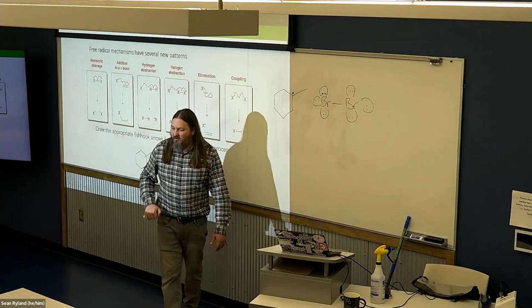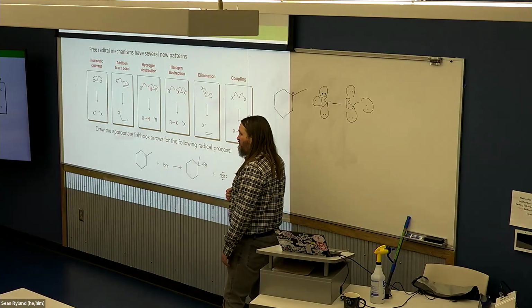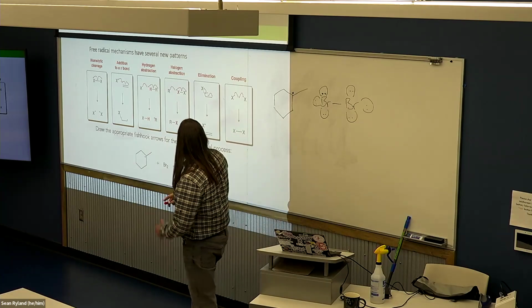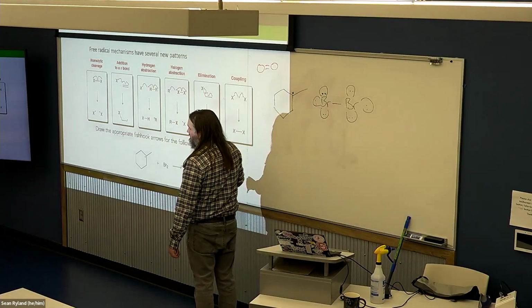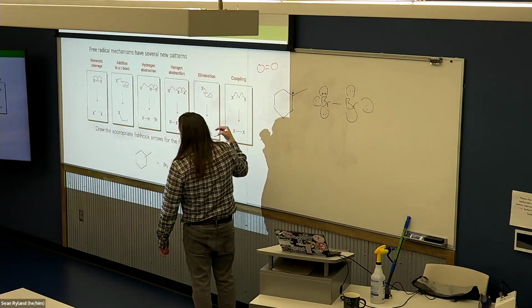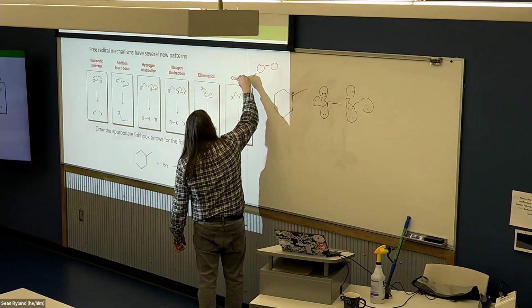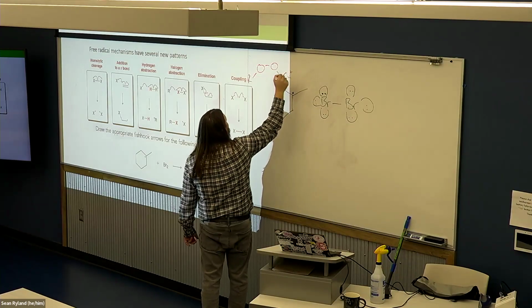Because the number 1 carcinogen in the world of all time is oxygen. I need you to elaborate. So when you breathe oxygen, you're starting from O2, right? That looks like that. It goes through an intermediate as part of the electron transport chain where you wind up making a molecule that looks like this. I want to say it's a copper over here, maybe.